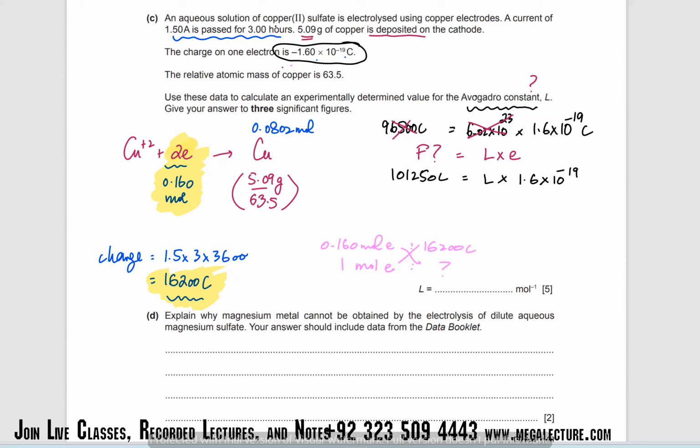So what is the Avogadro's constant now? 6.33 times 10 power 23. Approximately close enough, right?